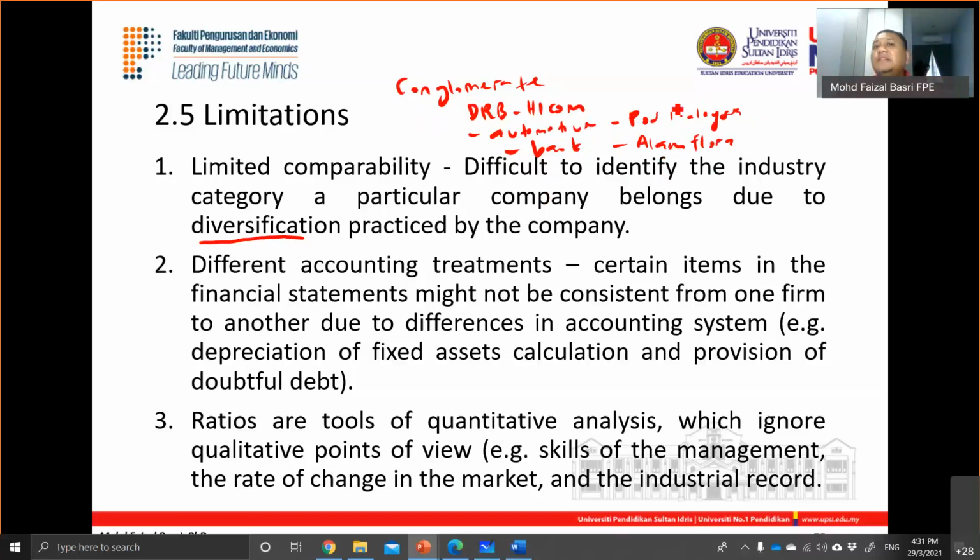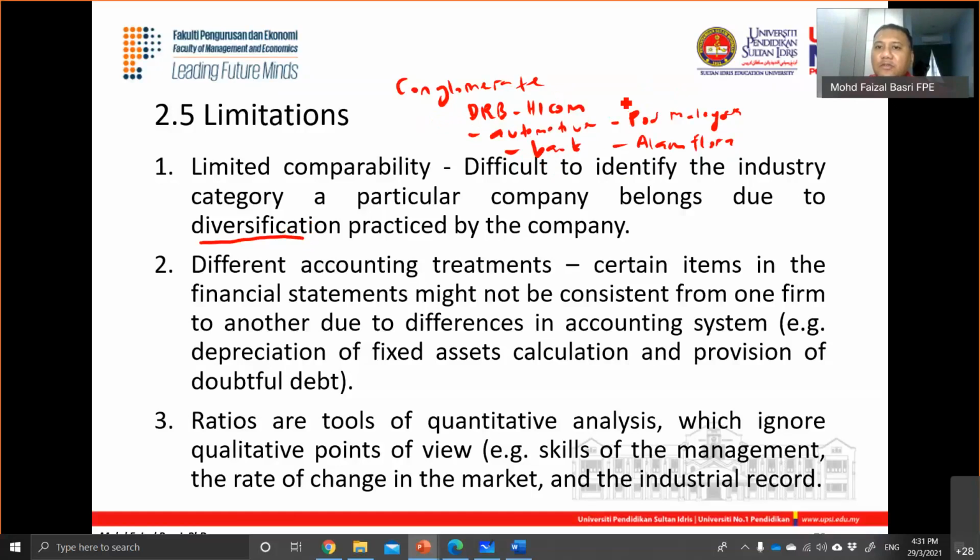How do you find a company comparable to the RB Hicom? If you want to compare against the RB Hicom as a parent company, what kind of company has all of these, same as the RB Hicom? It's quite difficult if they are diversified. So if you want to compare, you can go down to their subsidiaries. Meaning, instead of looking at the RB Hicom as a parent group, for comparison you can go down.